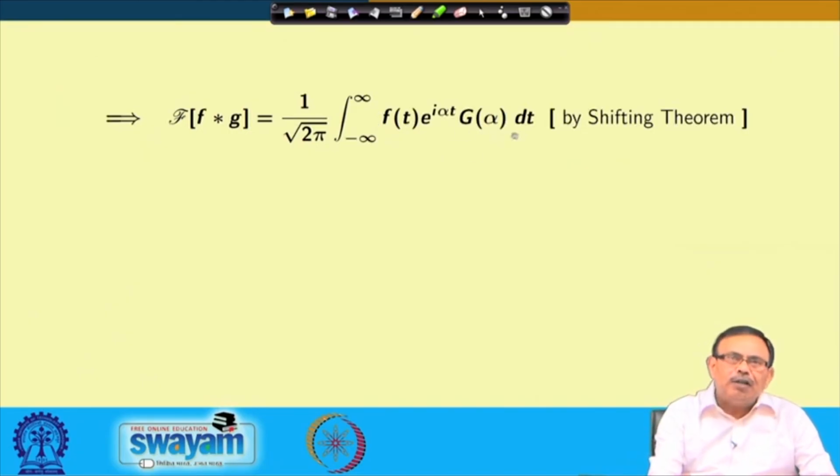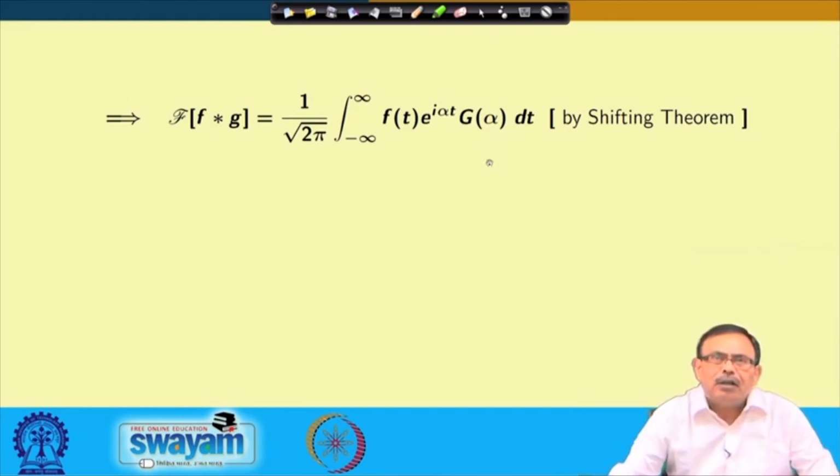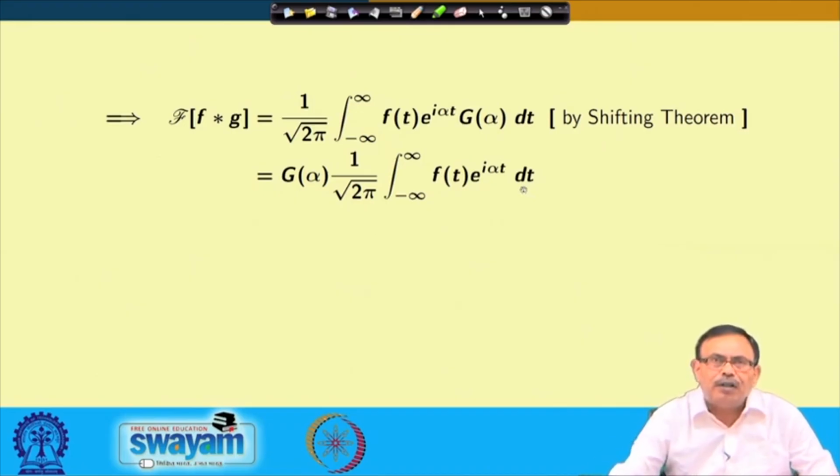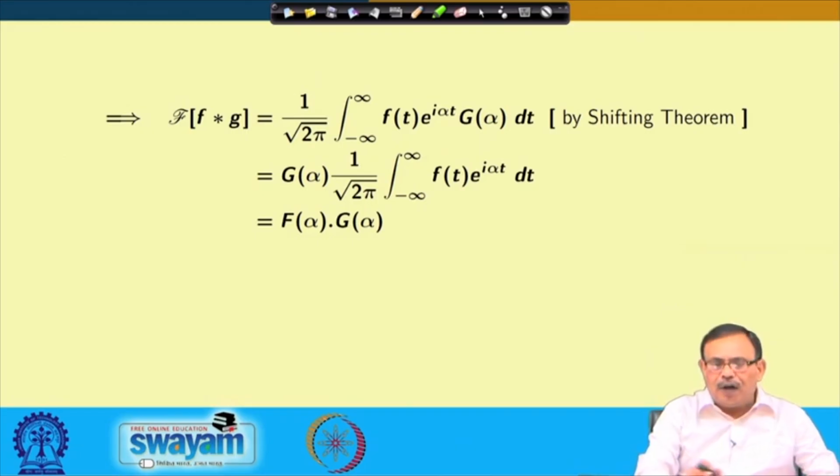So, that g alpha is independent of t and g alpha can be taken outside the integral. So, g alpha into 1 by root 2 pi minus infinity to infinity f t into e power I alpha t dt, and this integral is nothing but f of alpha, the Fourier transform of the function f x.